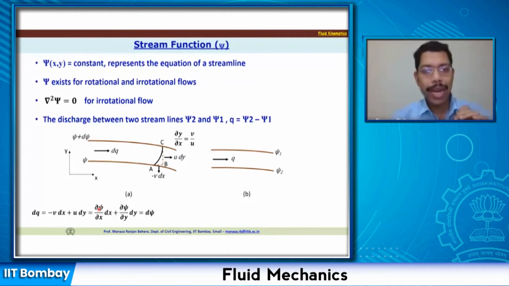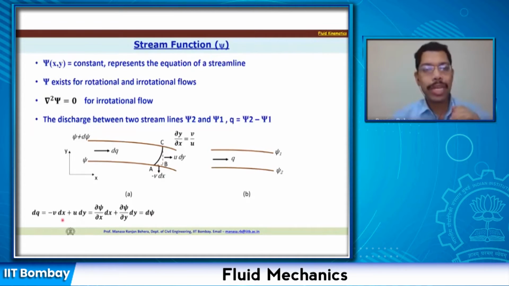Okay, so I can write v as ∂psi/∂x into dx plus ∂psi/∂y into dy. And if you see here, this dx cancels out, dy cancels out, then finally I'll get only d psi. So here the multiplication of 2 doesn't matter because this is only elemental. So I'll get only d psi.